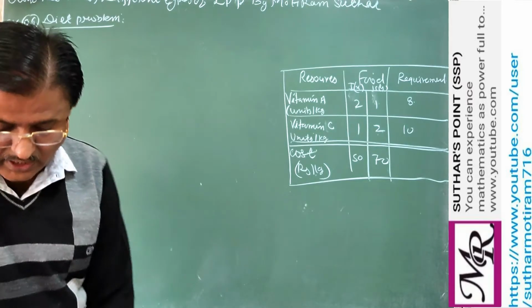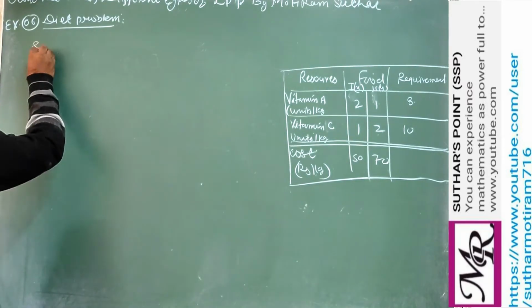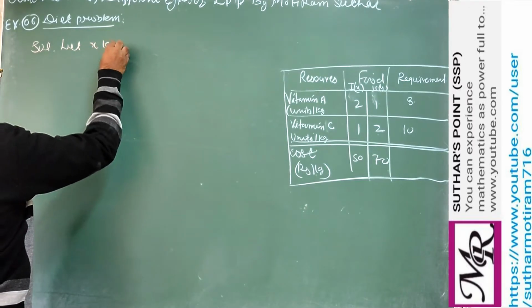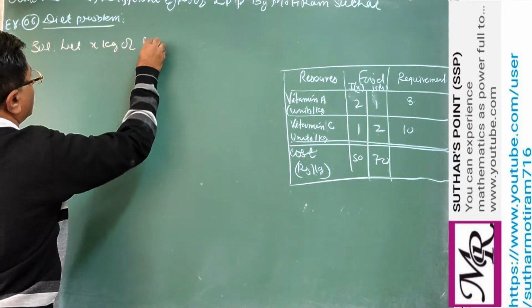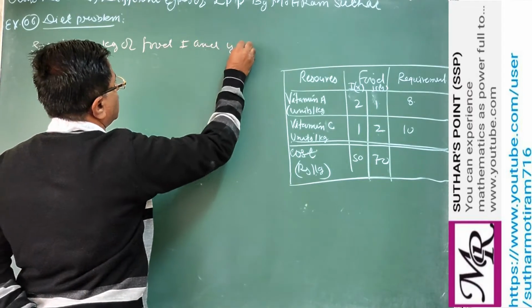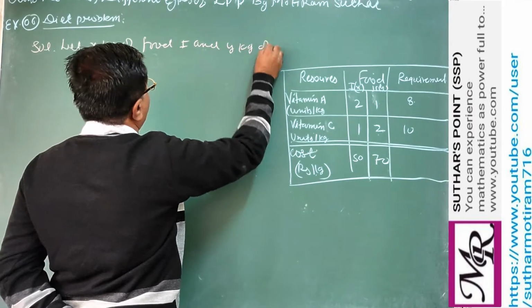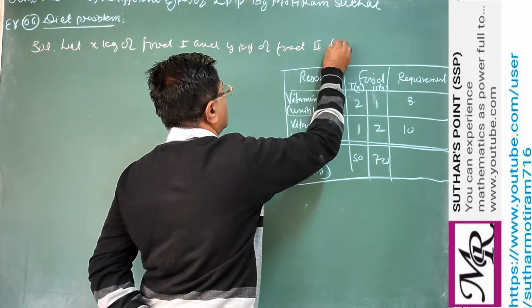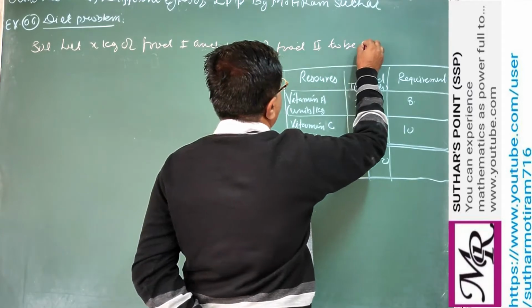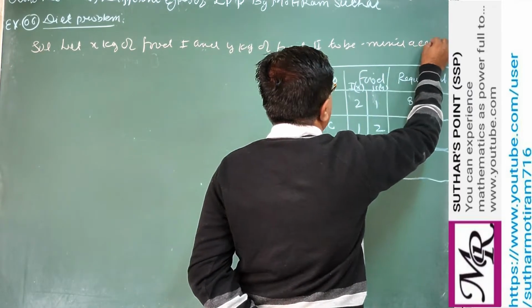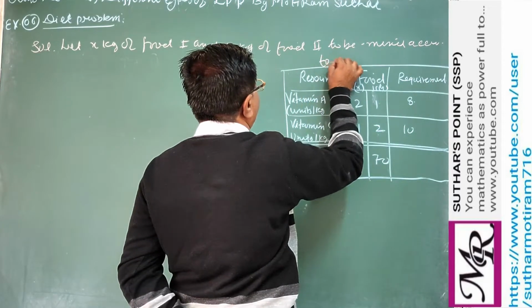So we have to write here in the solution: let x kg of the first food and y kg of the second food be mixed according to the given requirement.